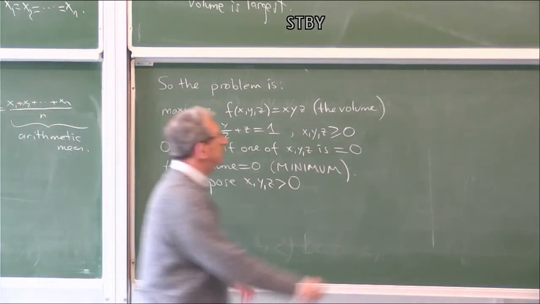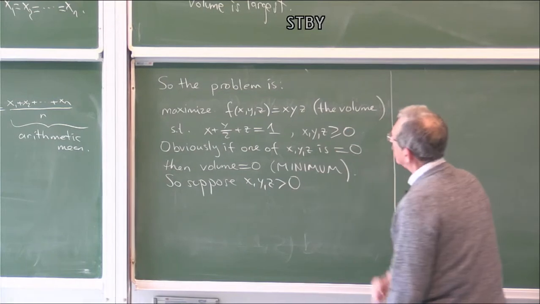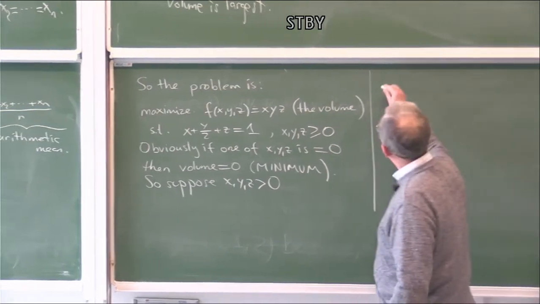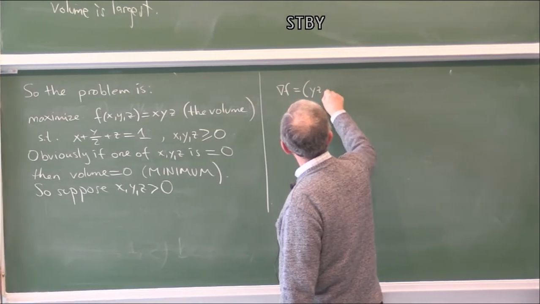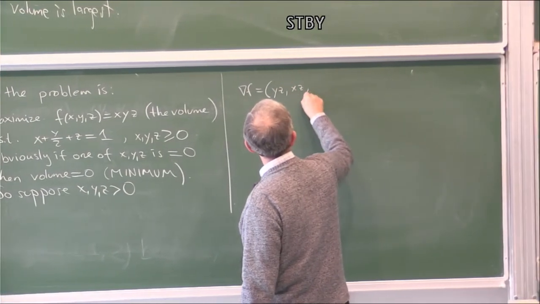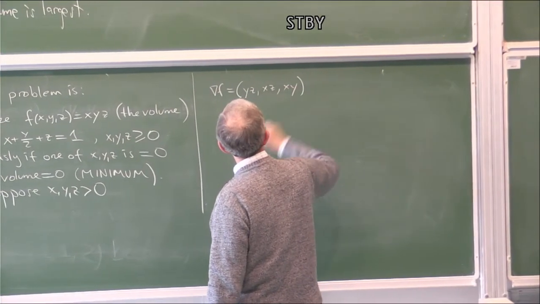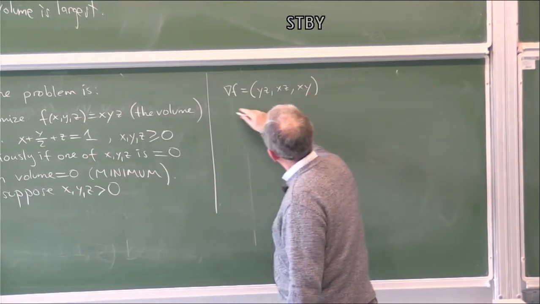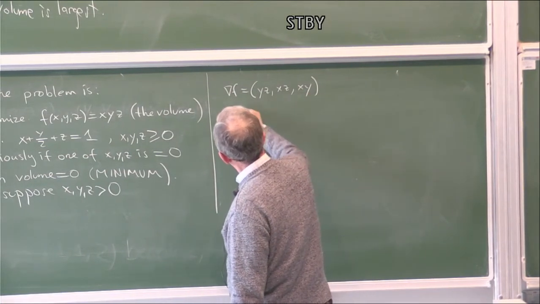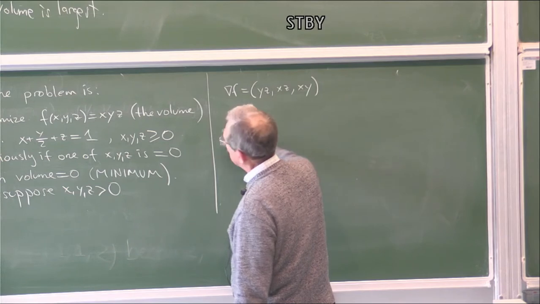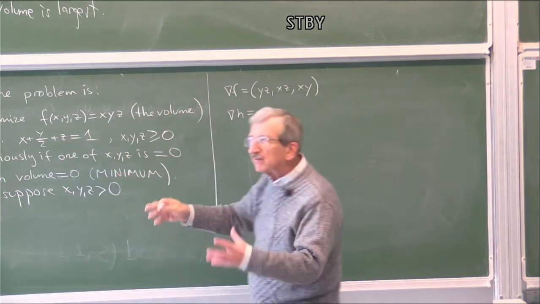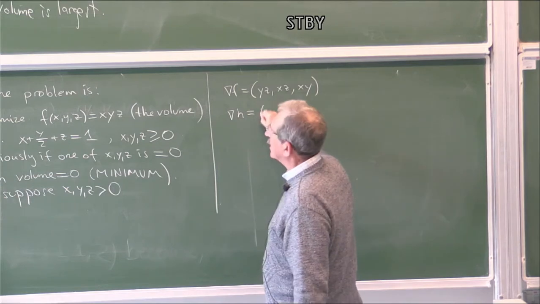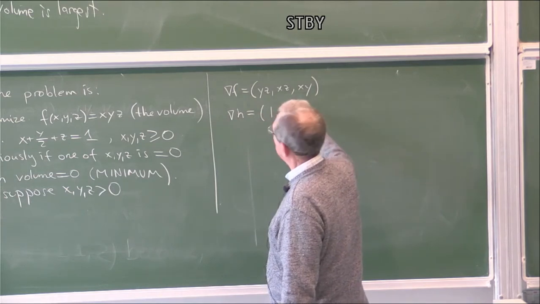Well, under this condition then, Lagrange tells us that gradient of f, that would be yz, xz, and xy, okay? And gradient h, here h is, of course, this term, -1, but that doesn't play any role. It's just 1, 1/2, and 1.